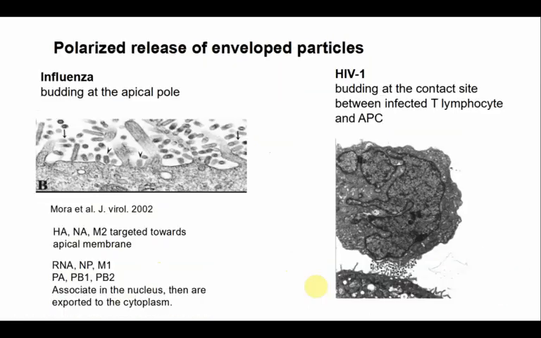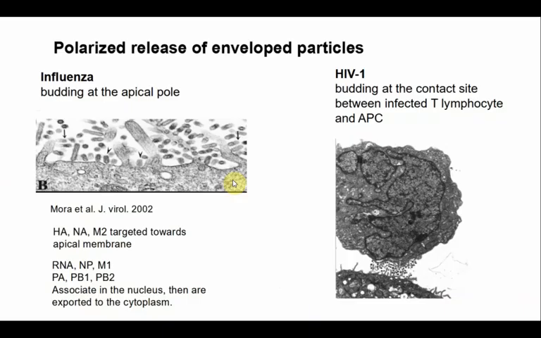One other thing to say about release of enveloped virus particles: it's not random from all the surfaces of the cell. For influenza virus, you get preferential budding at the apical pole, not at the basal layer.